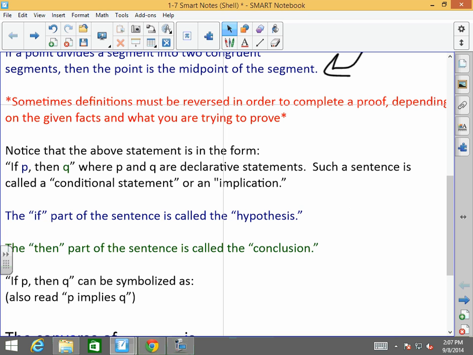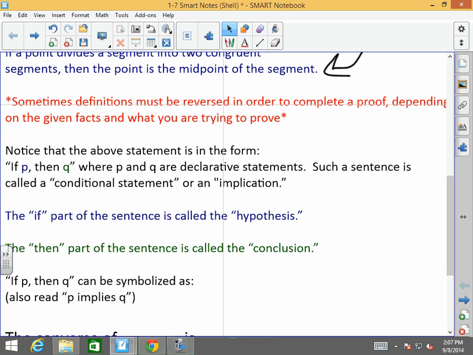The statement after the then is called the conclusion. And if you have an if P, comma, then Q, it also reads P implies Q, because the statement P is leading to the conclusion of Q. Okay, it's all about logic here.